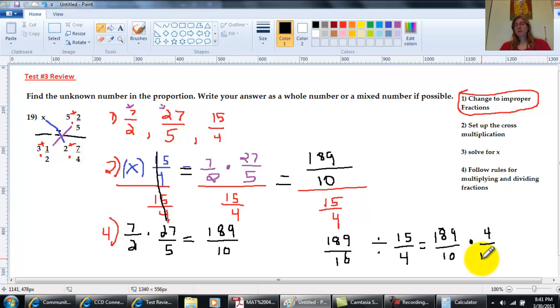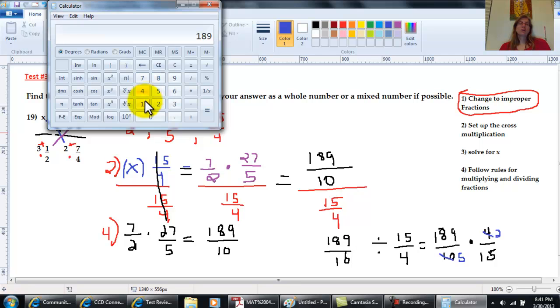At least we can do some cross canceling, I'm sorry. So 4, and I'll use a different color, if you divide 4 by 2 you get 2, so then you have to divide 10 over here by 2 to get 5. And what can we do here? 189 and 15. Let's see, does 15 even go into 189? Maybe it does. No, it doesn't.